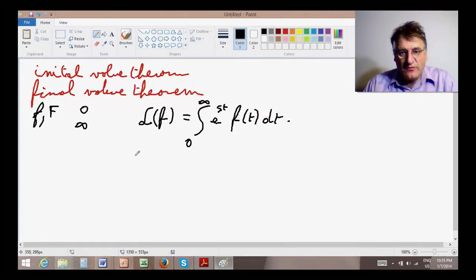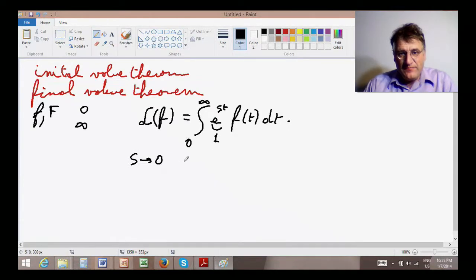So I'm interested in what happens when s tends towards 0. Well, when s tends towards 0, e to the minus st tends towards 1.